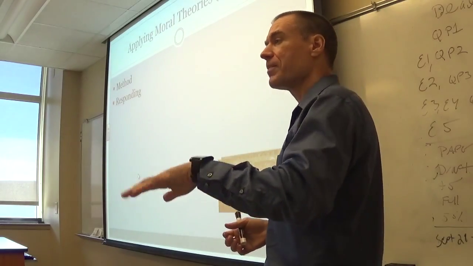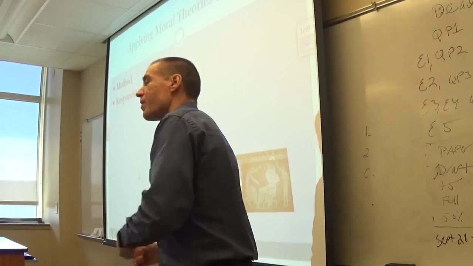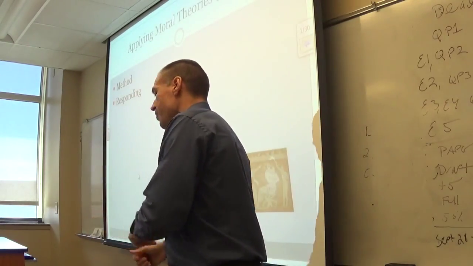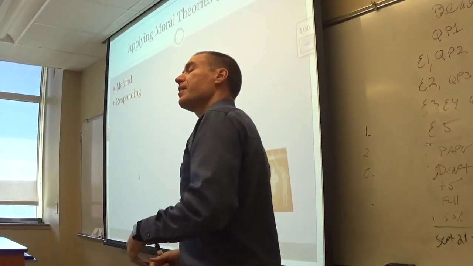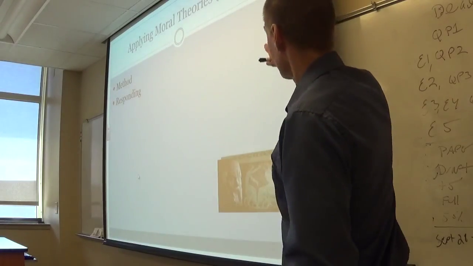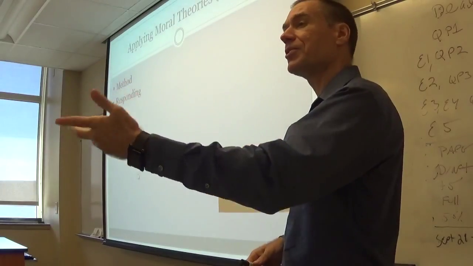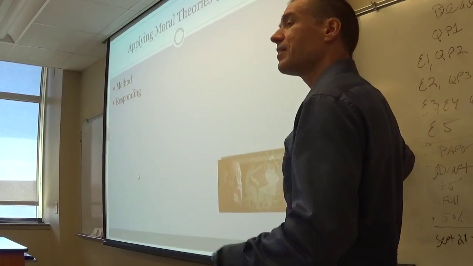How do you go from "this is in my religion" to "this should be law"? Or "this is morally wrong, this should be illegal"? Or "this is illegal, therefore it's morally wrong"? Well, fortunately, one easy way to do that is applying moral theory. Essentially, you take a pre-existing moral theory that does that for you, and then you use it to make the transition.